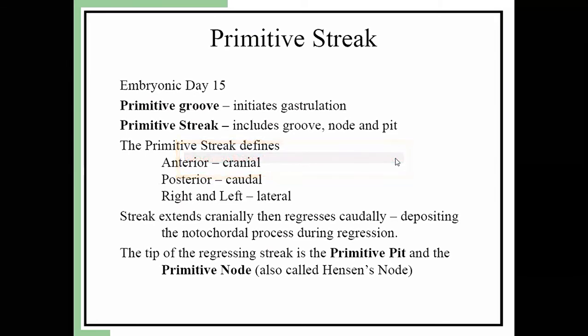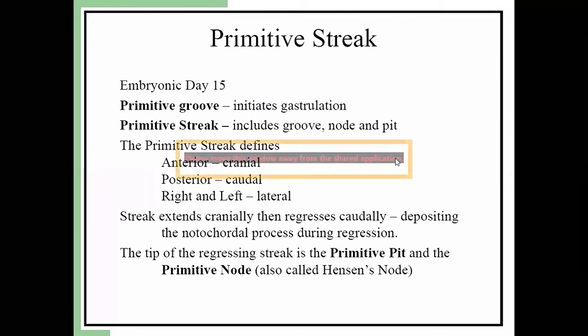It will also divide the embryo into a left and a right portion. The primitive streak extends cranially, then regresses caudally, depositing the notochordal process during regression. The tip of the streak is the primitive pit, and the primitive node, which is called Hensen's node.